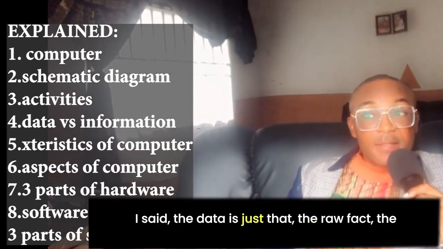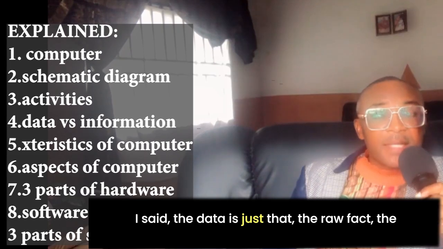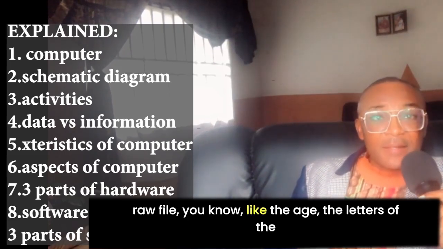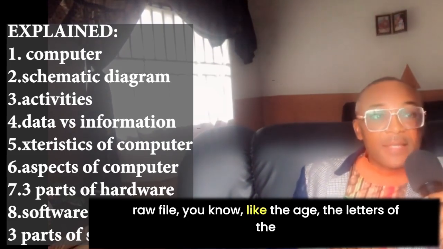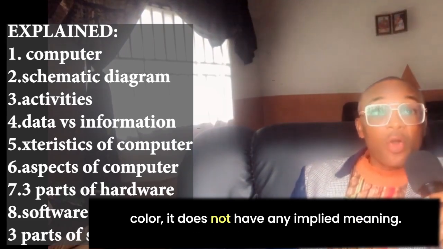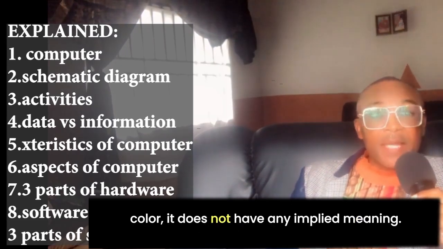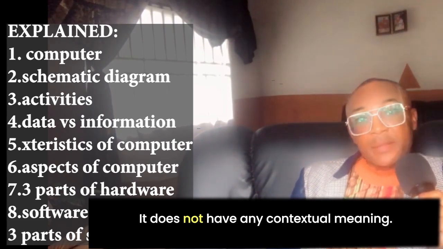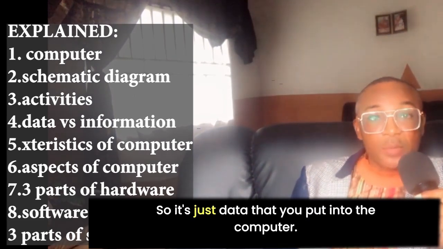so like I said, the data is just that, the raw fact, the raw file, like the age, the letters of the alphabet that you input into the computer through the keyboard, the color. It does not have any implied meaning. It does not have any contextual meaning. So it's just data that you put into the computer.